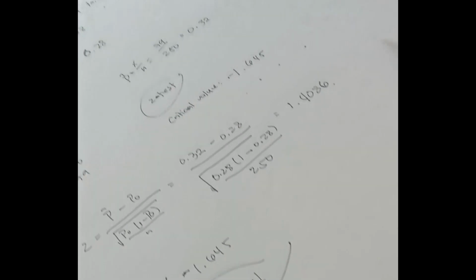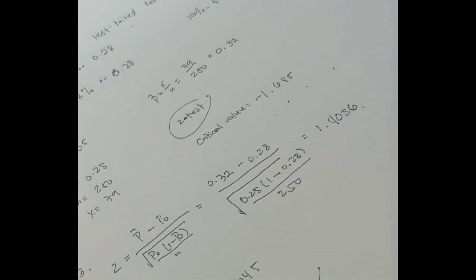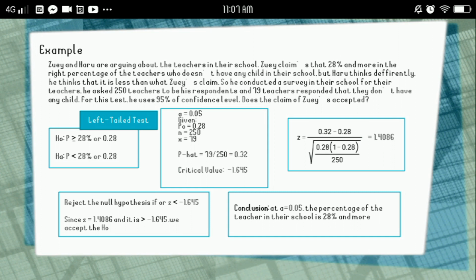So, ang conclusion, doon natin tignan sa PowerPoint. Mas maayos na siya dito. So, isa-isahin ulit natin. Ang null hypothesis niya is P is greater than or equal to 28% or 0.28. Then, yung alternative hypothesis niya, kukontrahin lang siya. P is less than 28% or 0.28.